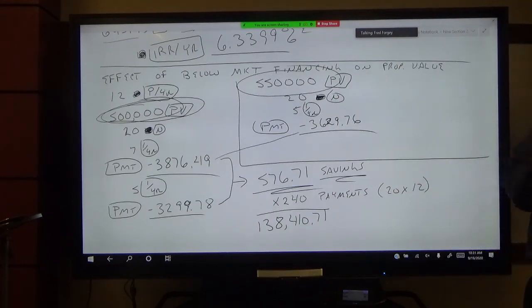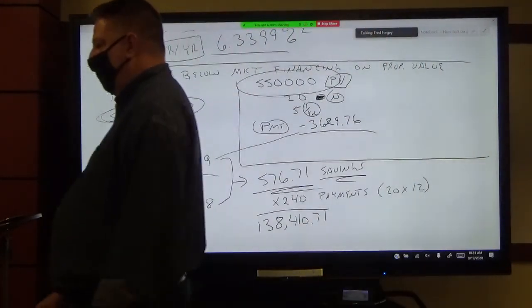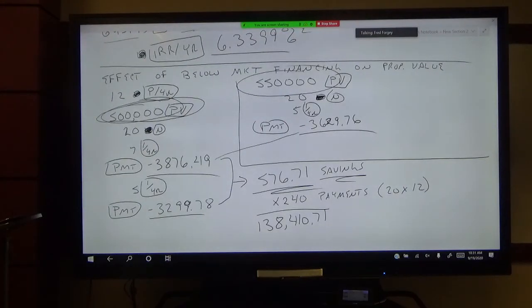Instantly, boom, you're just printing money. If you had 500 units, like you said before, and you up the price by $50,000, you're adding $25 million to what you had.